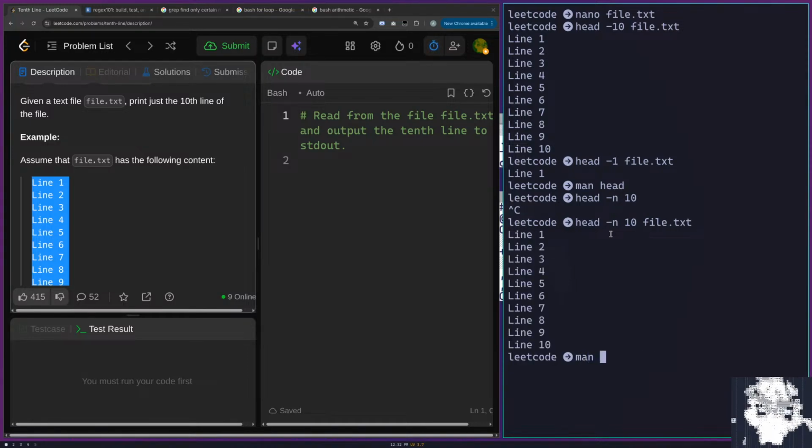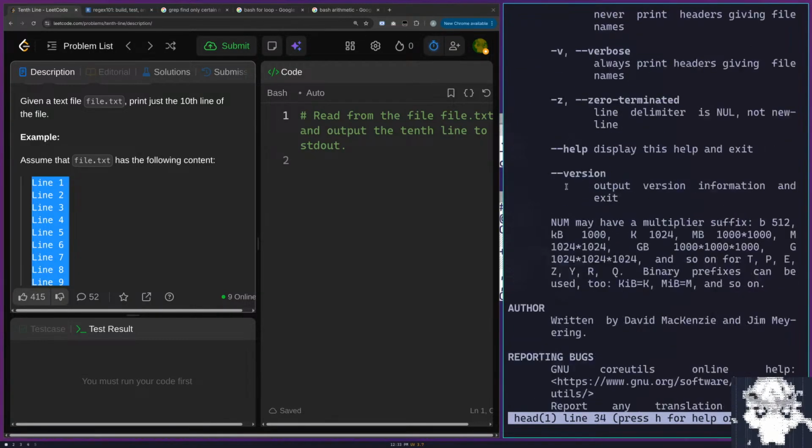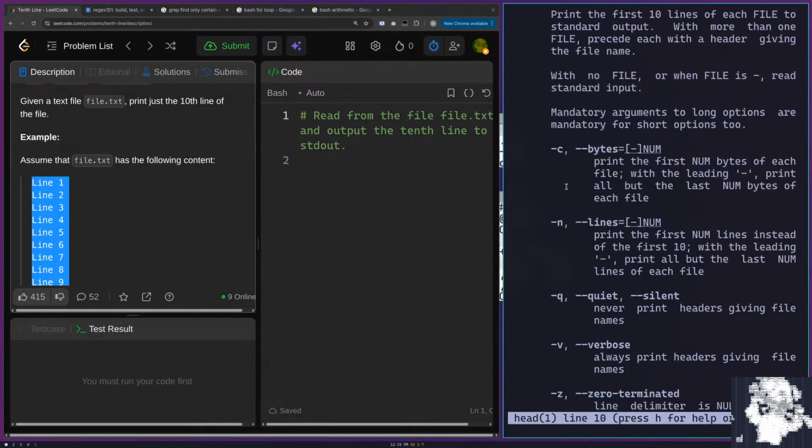What is -n and then a number. Print the first num lines.